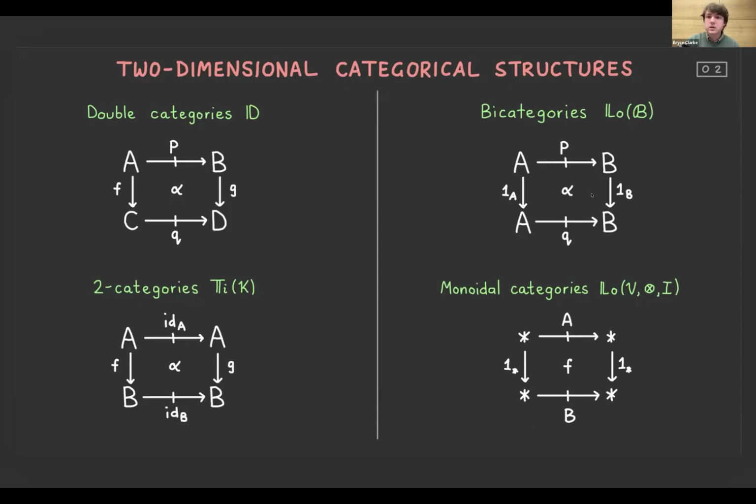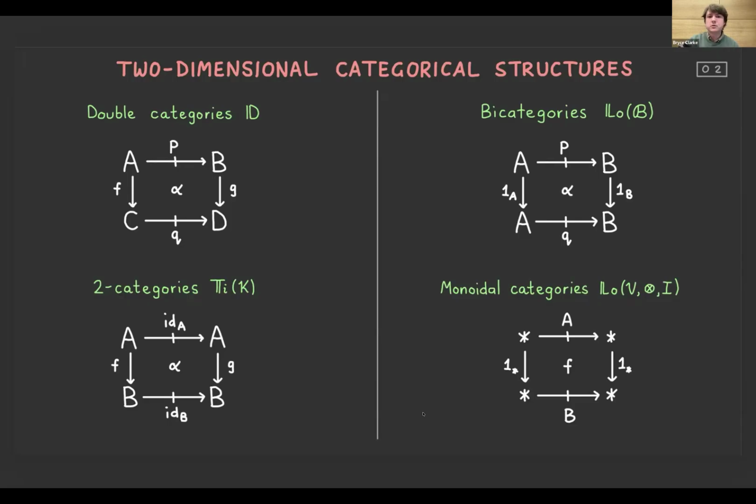This is the same as bicategories above, where now we have just a single object in our double category and a single type morphism, just the identity on that single object. But now our loose morphisms can be considered as objects of our monoidal category, and the cells, say from A to B, can be considered as the morphisms in our monoidal category.